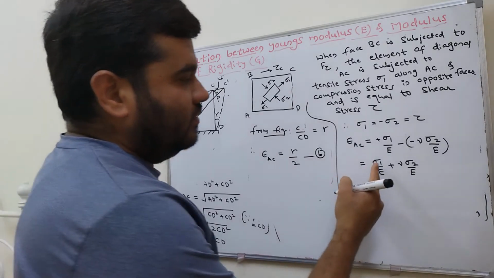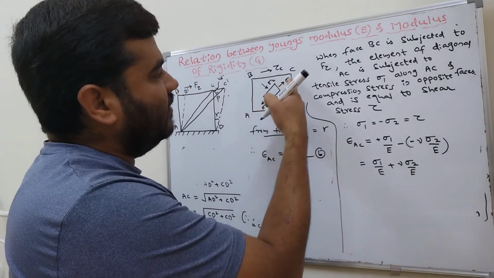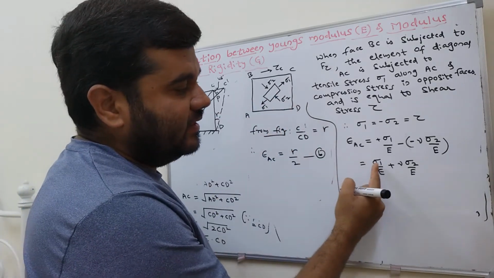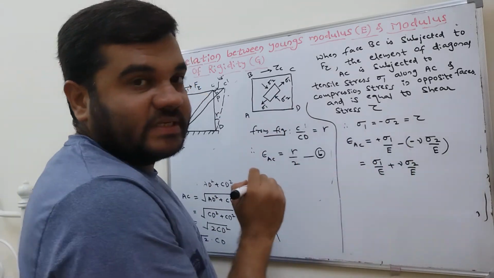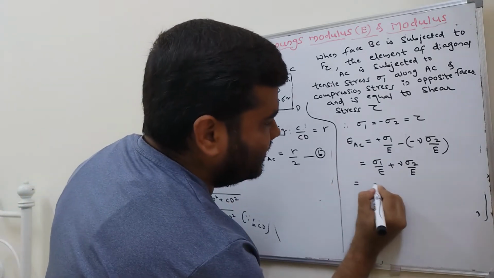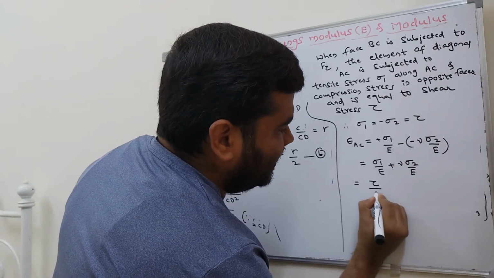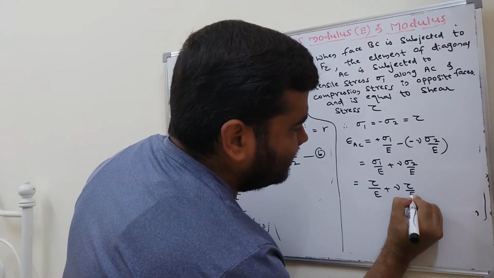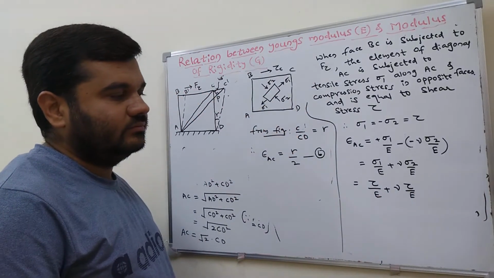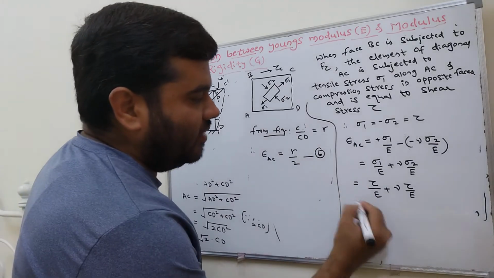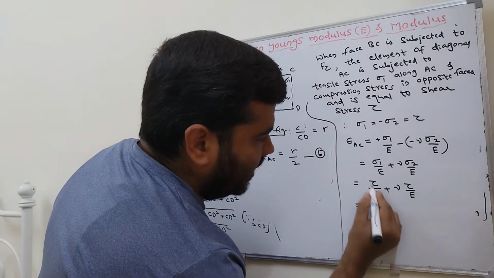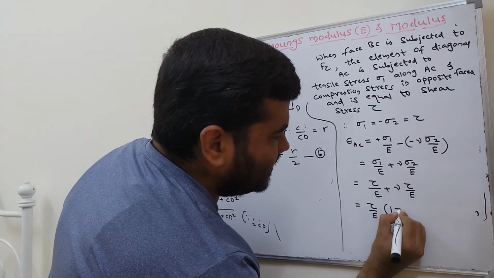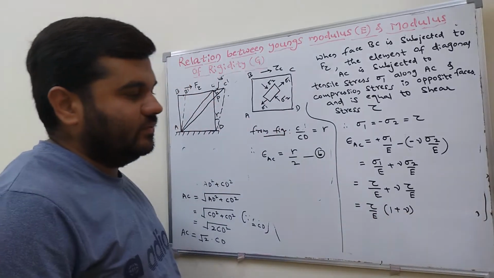So what I wrote here, sigma 1 and sigma 2 are both equal to shear stress. Can I replace sigma 1 and sigma 2 by shear stress? This I'll write as shear stress divided by E plus nu into shear stress divided by E. Now remove the common factor: shear stress divided by E as a common factor, into 1 plus nu.